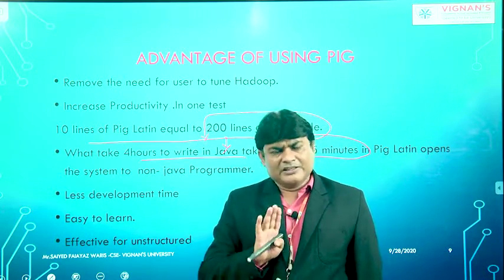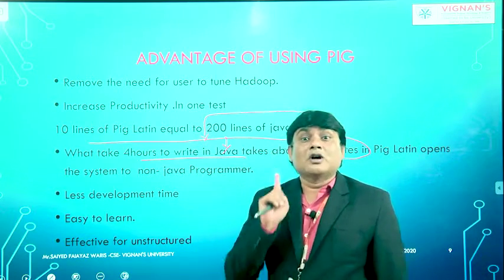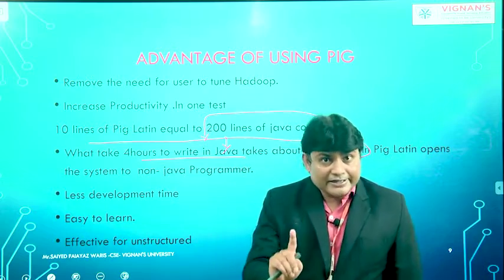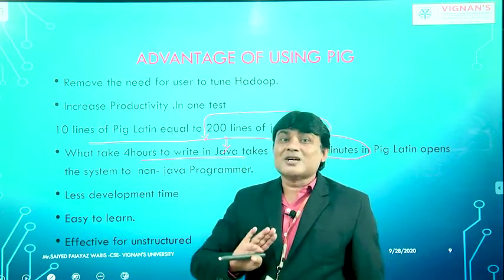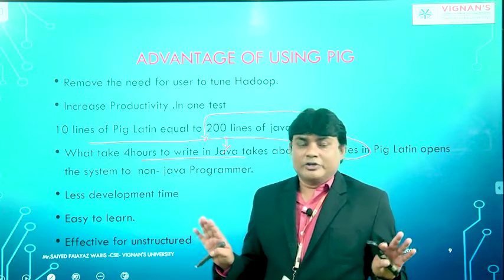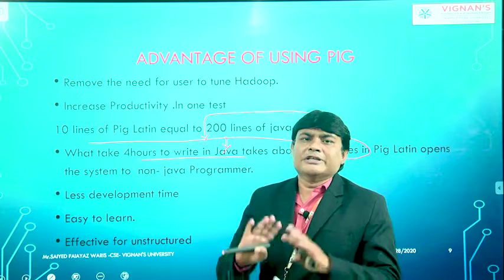But Pig can work on semi-structured data, and it also works on somewhat unstructured data, though not purely unstructured data, because Pig will not support audio, video, or images, but it can support some text files.